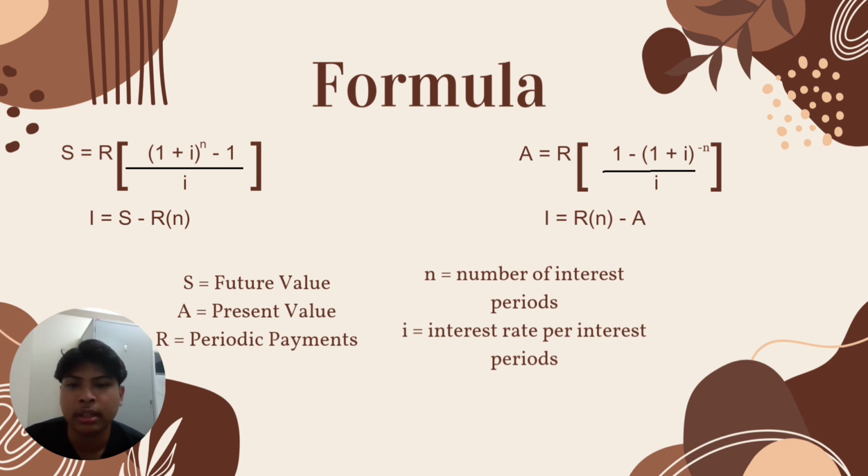The interest is I equals S minus Rn, and I equals Rn minus A. S is the future value, A is the present value, n is the number of interest periods, i is the interest rate per interest period, and R is the periodic payment.